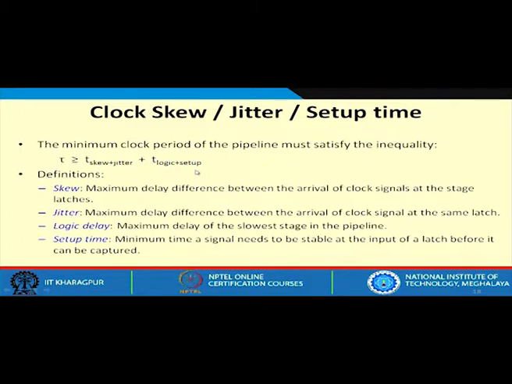What does this mean? Skew means, when the clock signal is generated, the clock signal goes to all points in the pipeline latches. Because of unequal distance of the wires, the clocks may not reach all the latches at the same time. There will be a small time difference. This is called clock skew.